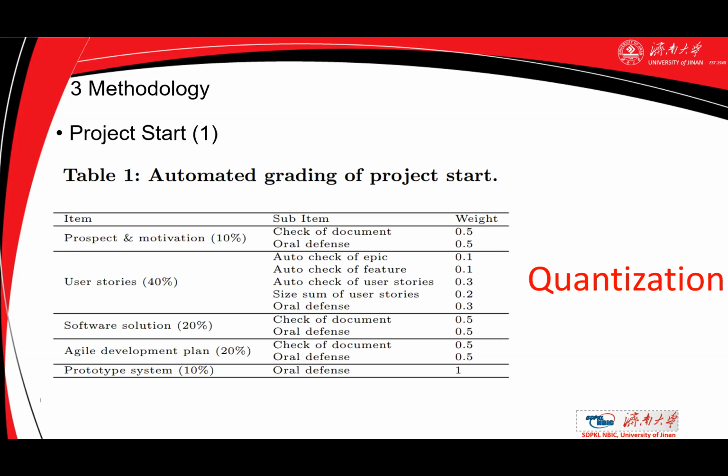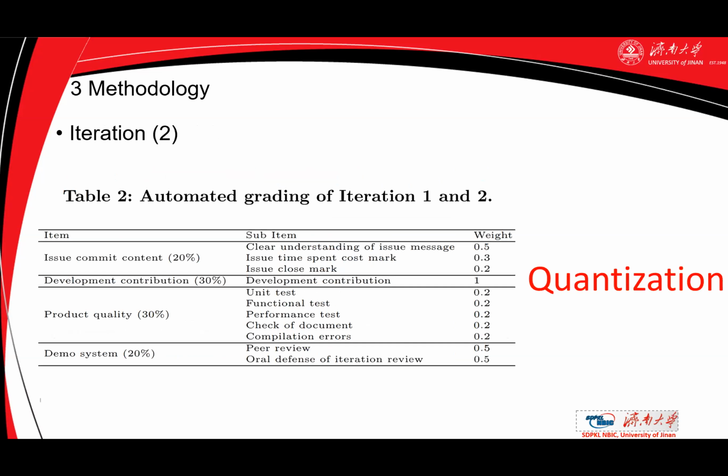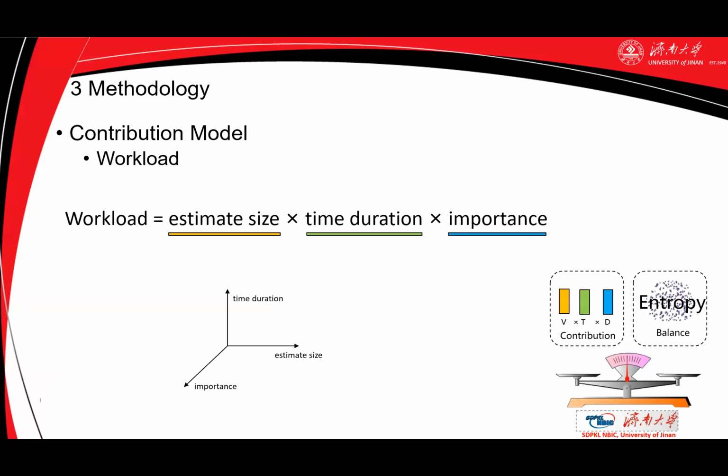Each checkpoint item is then divided into several sub-items, and some sub-items are evaluated objectively, like auto-check of features and size sum of user stories, and some are evaluated subjectively, like oral defense and check of documents. In the iteration phase, different checkpoints are also set, and each checkpoint is set with different weights. And then we use a weight to quantify everyone's work.